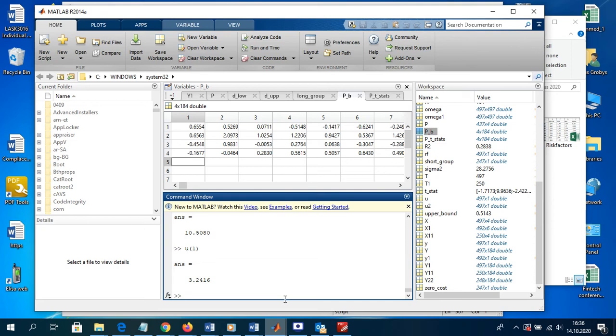If we square this guy, it should be exactly 10.50, right? And voila, it's exactly what we want to have. That's the first element of the omega, and it corresponds to the squared first residual of our residual vector.